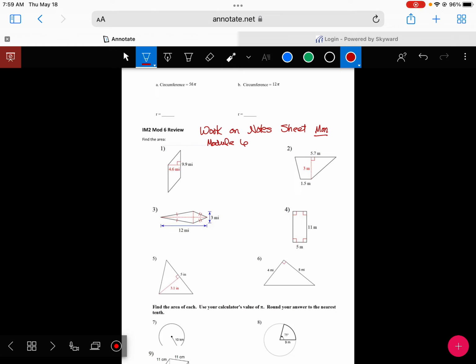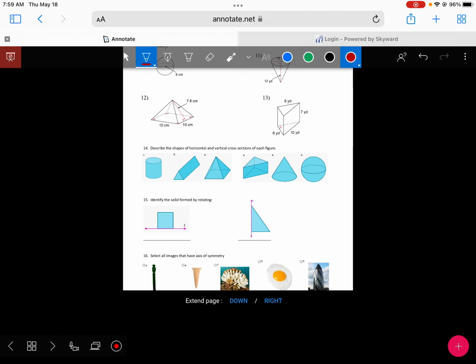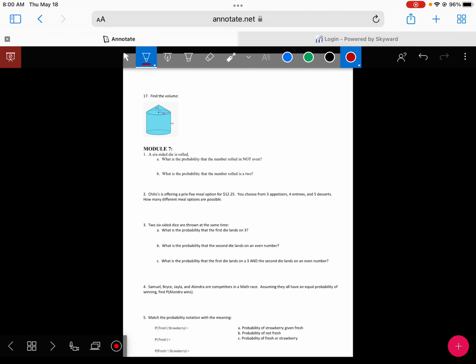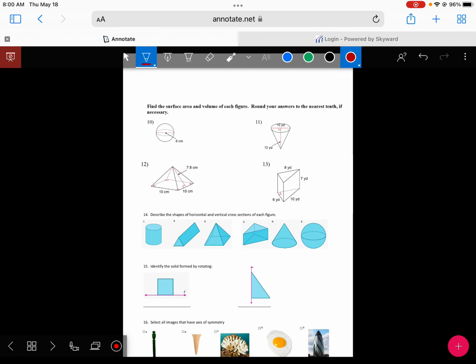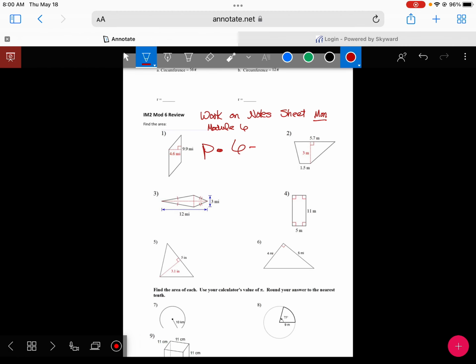Must start on page 6. So that would be 6, 7, and part of 8. Okay? So page 6 through 8, and work on adding to your notes, okay? As much or as little as you want to put, that is up to you.